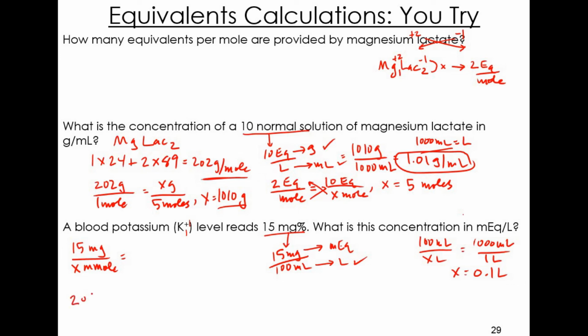And this might be a good opportunity to show how this works. If there are 202 grams per 1 mole, and we have to multiply grams by 1,000 to get milligrams, and if we have to multiply moles by 1,000 to get millimoles, then what's the milligrams per millimole going to be?